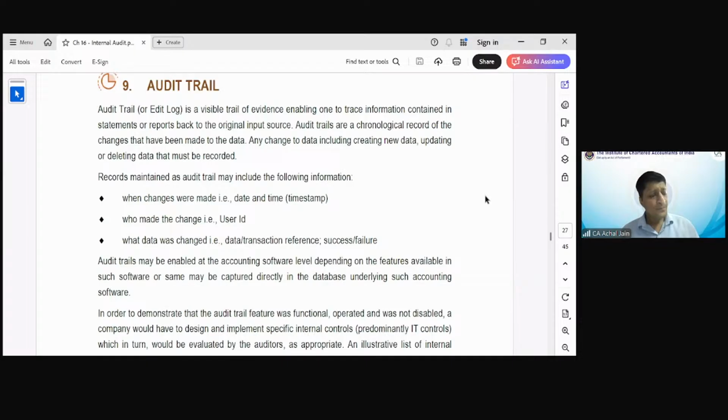And these days, if you look at any entity, every entity that you find today is on an environment which is based on IT. Yes or no? So everywhere, what do you find? You have this IT environment in place. So there again, it becomes very, very important on the part of the management as well as internal auditor to look into this particular area as well.